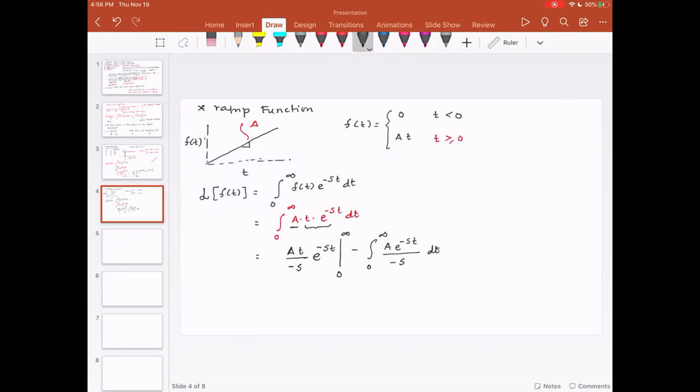And perhaps some of you have forgotten the integration by parts rule. So integral u dv is equal to uv minus integral v du.